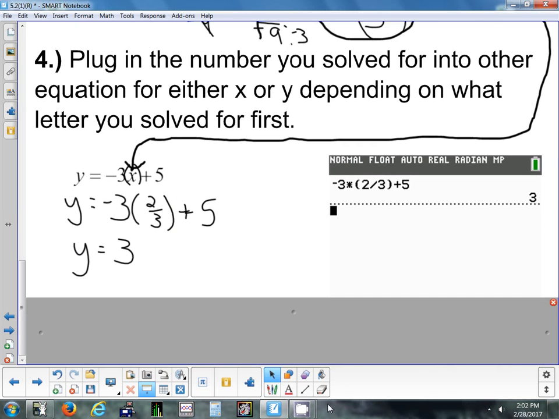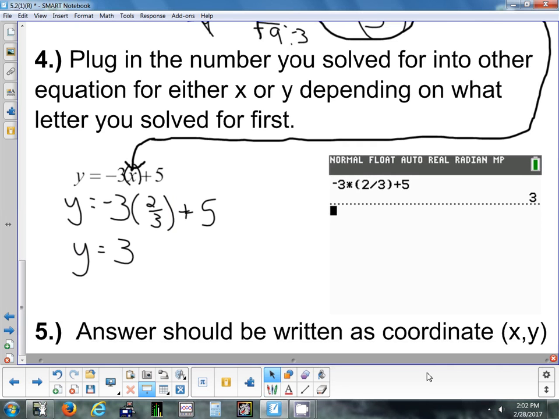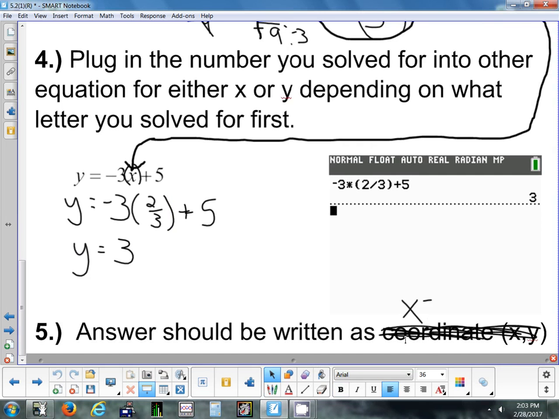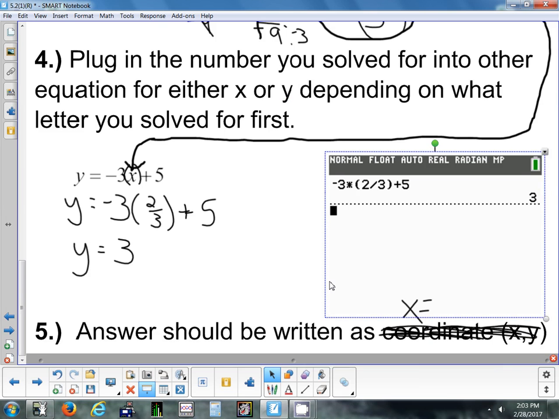I don't want you to write it as a coordinate. We don't have to write it as a coordinate today. That's the one when we did graphing, because we had an actual coordinate on the graph. For this, we just want to make sure we write x equals or y equals.